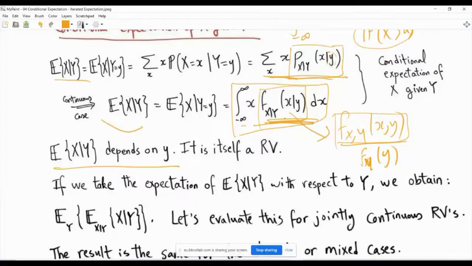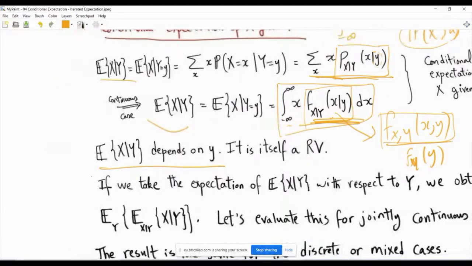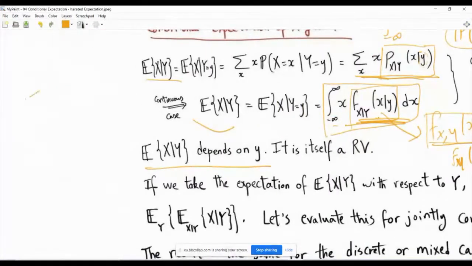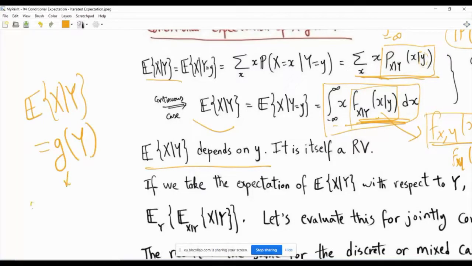Okay, so expected X given Y is a function of Y. This is very important, keep it in mind. Expected X given Y is a function of Y, so it's a random variable that depends on Y.